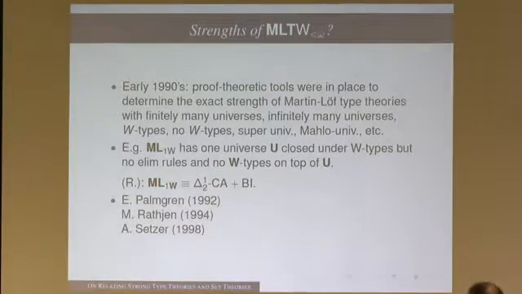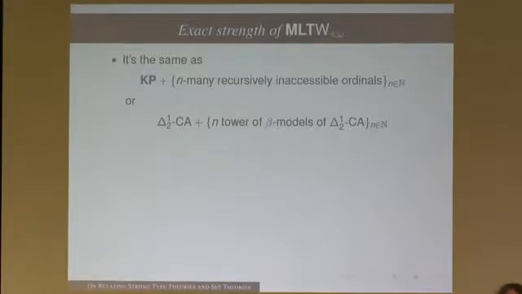Now, there was work by Erik Palmgren, who started embedding certain theories of iterated inductive definitions into type theory that gave some lower bounds. And then Anton Setzer and we computed exact bounds. So the exact bound for the full Martin-Löf type theory with all the universes and all the W types can be expressed as follows.